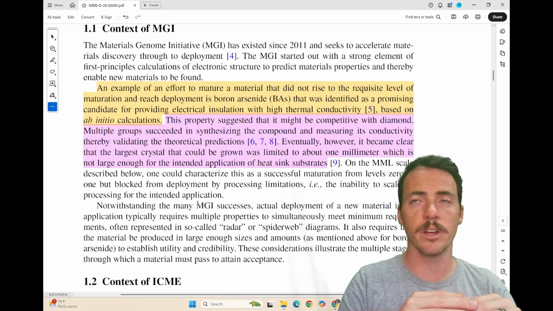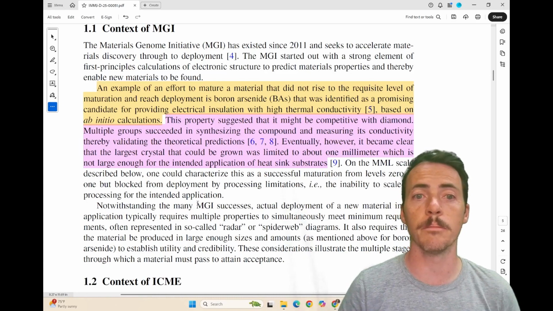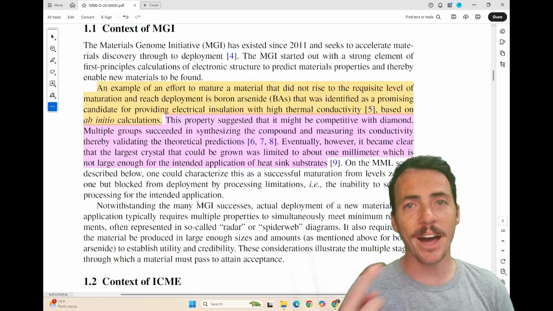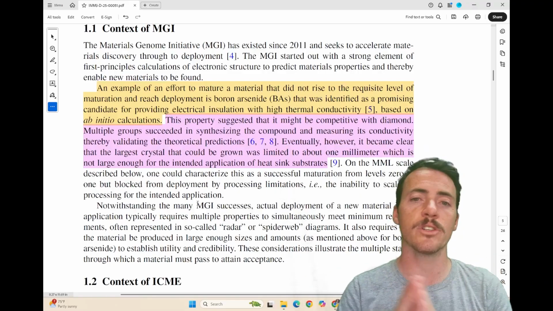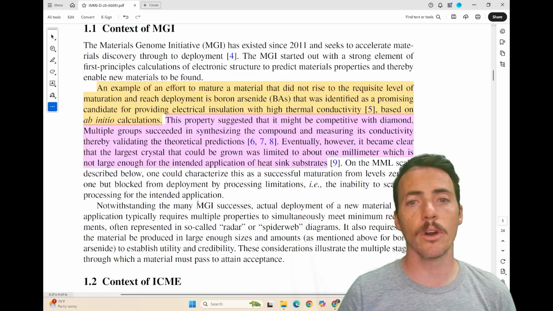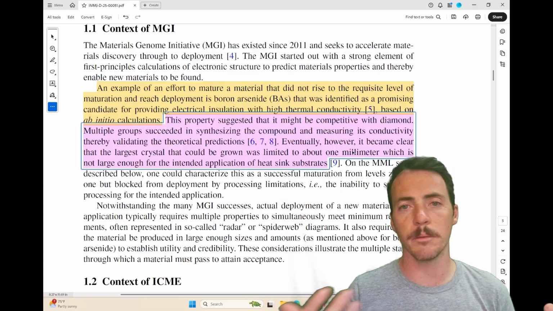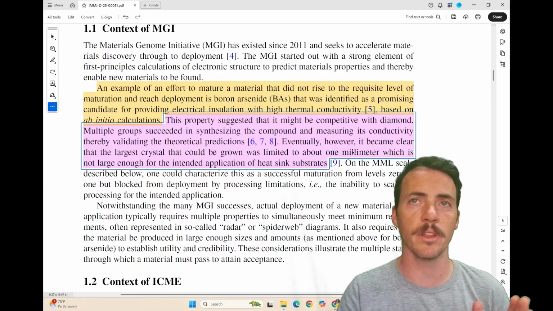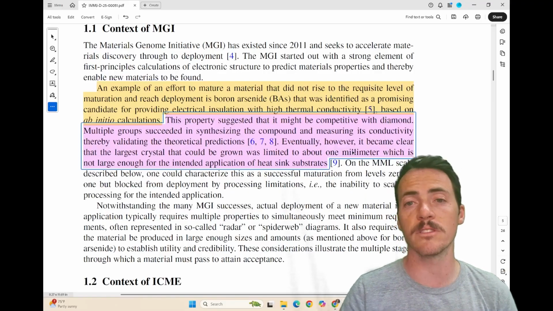The substrate has to be electrically insulating, obviously, but you want it to get the heat out, right? So this could compete with even diamond, they thought. But when they actually went through the process of developing this and tracking its maturity, eventually found that the largest crystal that they were ever going to be able to grow was basically 1 millimeter, which was not going to be big enough for heat sinks. So an example, something that was progressing towards maturity level, but ultimately stalled.